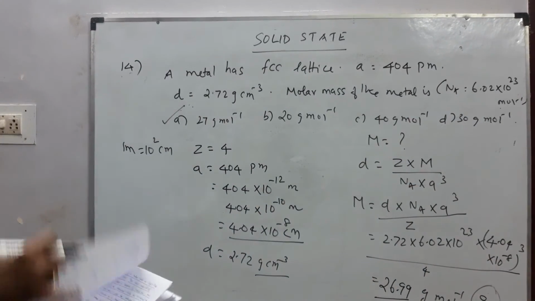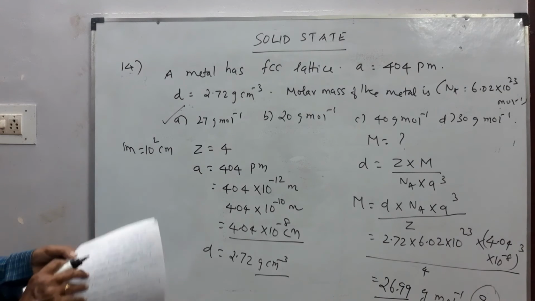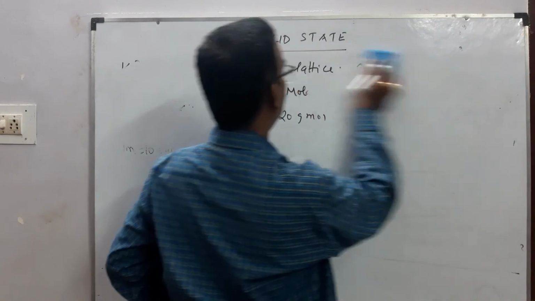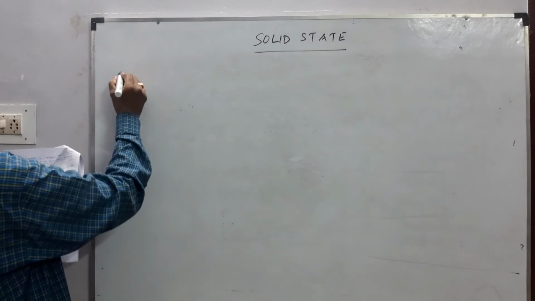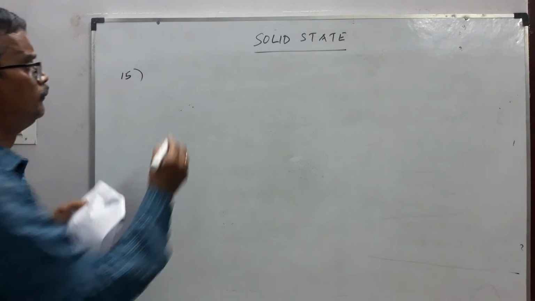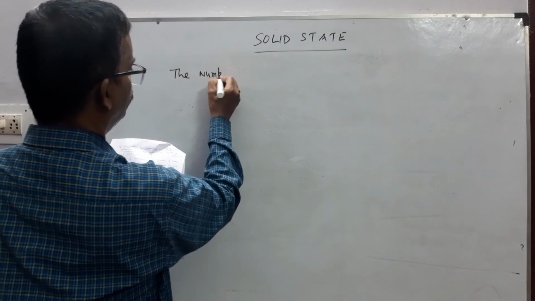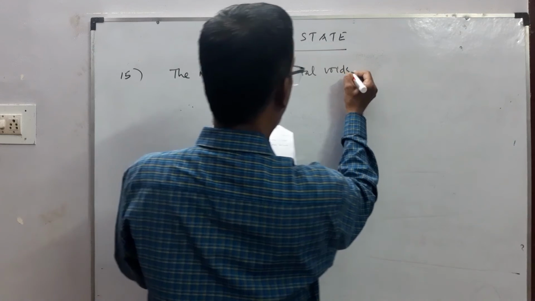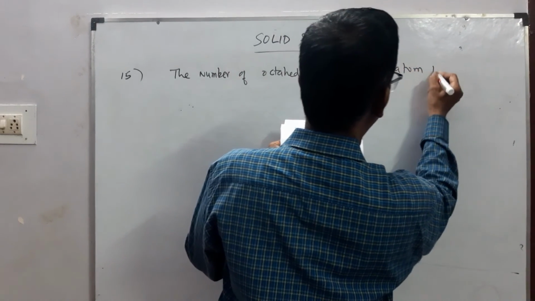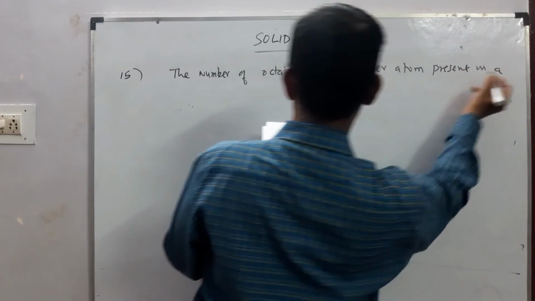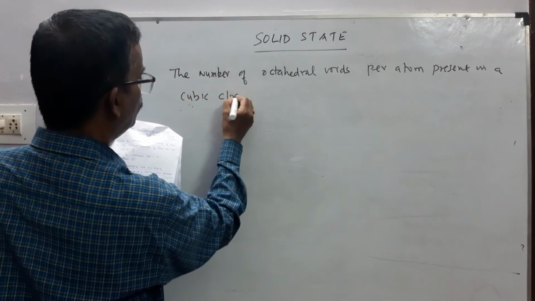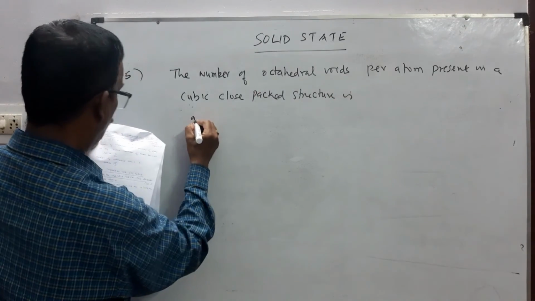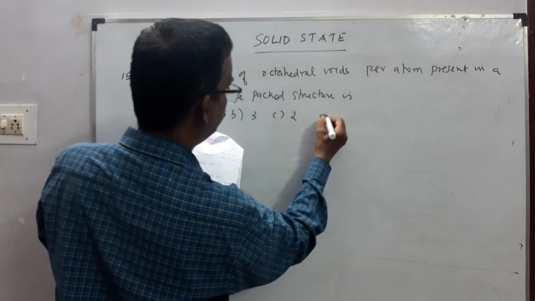15th question. Next question. The number of octahedral voids per atom present in a cubic close packed structure is: A 1, B 3, C 2, D 4.